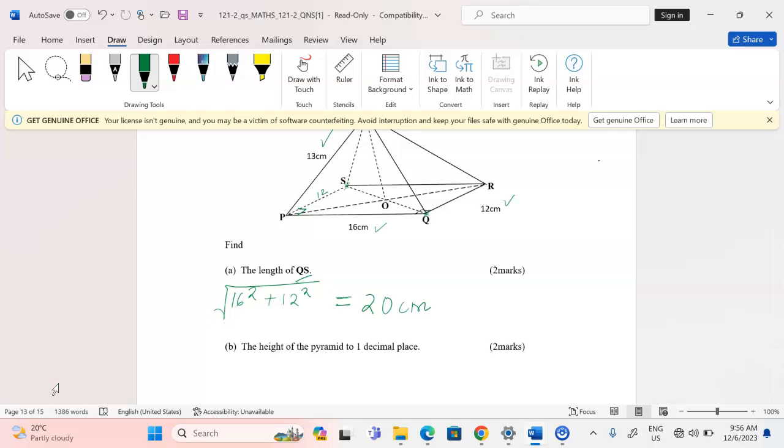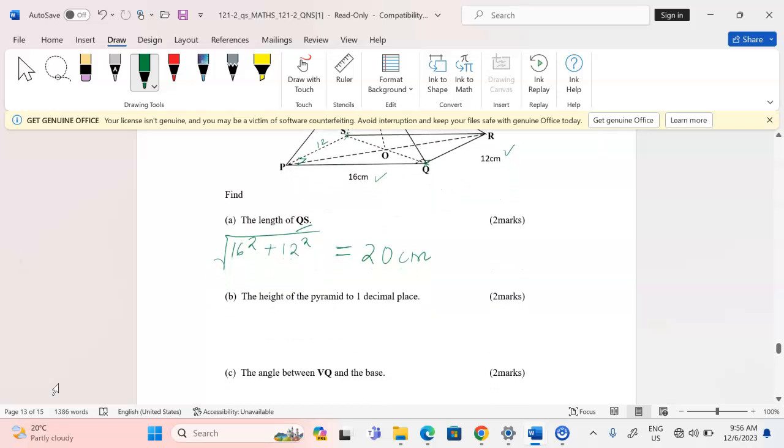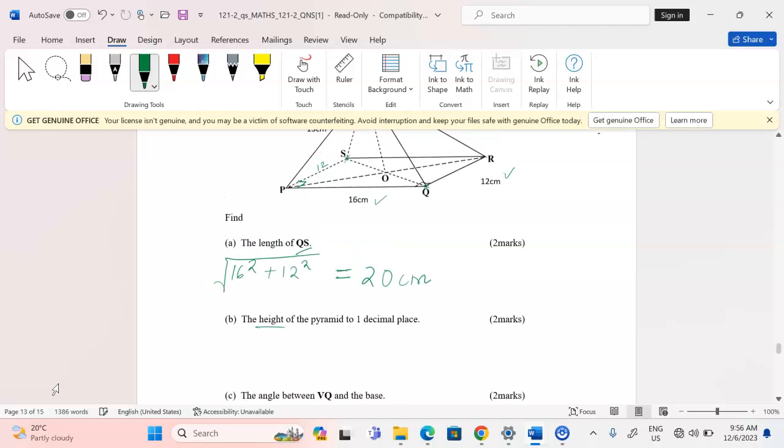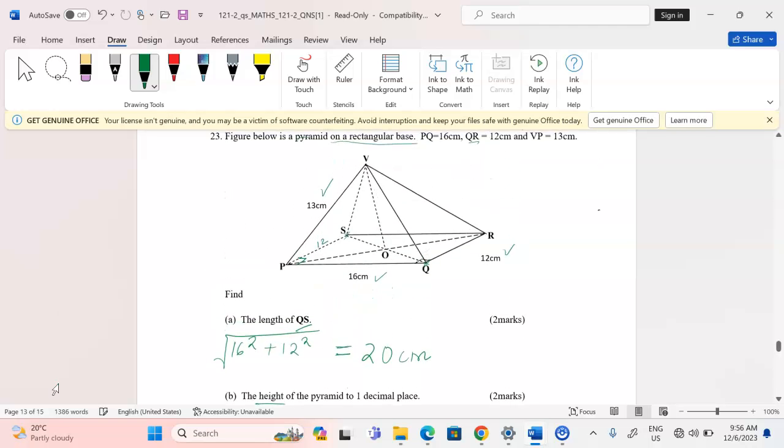centimeters. The next is the height of the pyramid to one decimal place. For us to get the height, we can consider a few things. Remember, we have this one as 20, so we can take OQ to be 10.